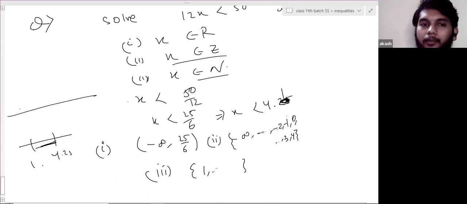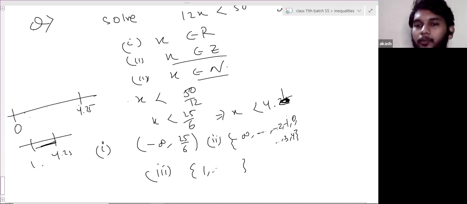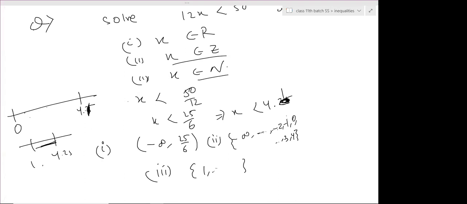You have 4.25 here and 0 here, because natural numbers exist between them. So how many natural numbers are there between 0 and 4.1? There are 4.